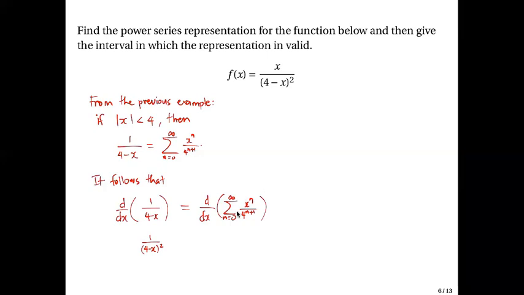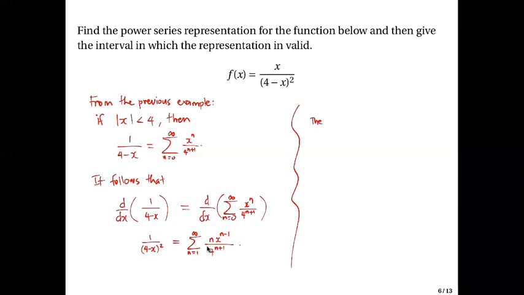Whereas for the right side, using the theorem, we will have the sum from n equals 1 up to plus infinity of n x to the n minus 1 divided by 4 raised to n plus 1. And therefore, if we want f of x, we'll just have to multiply this by x.